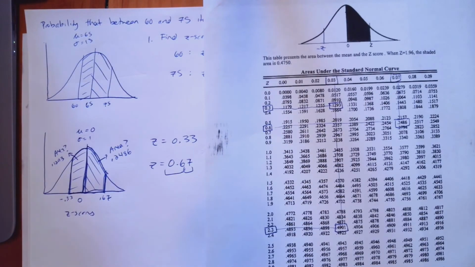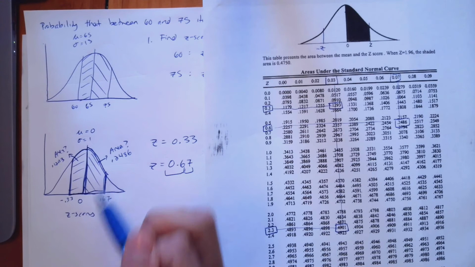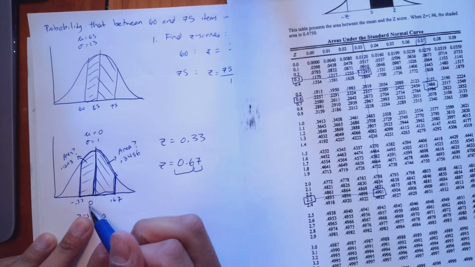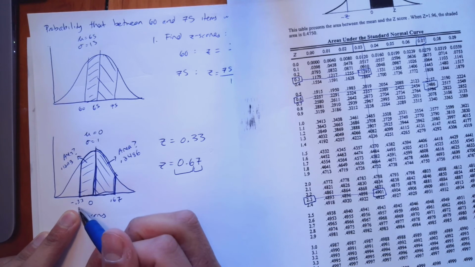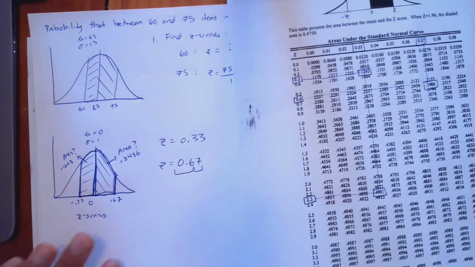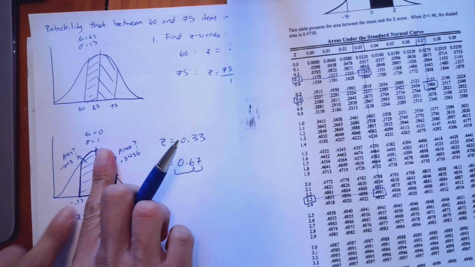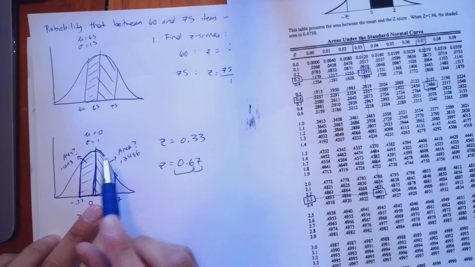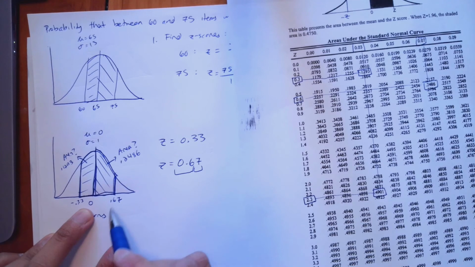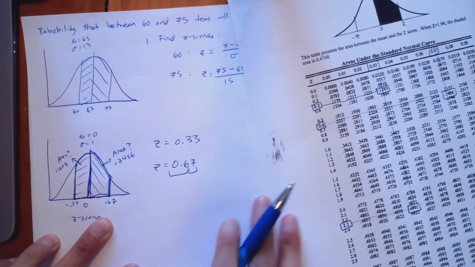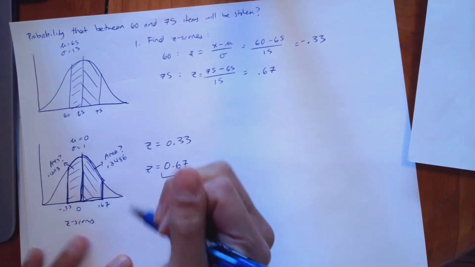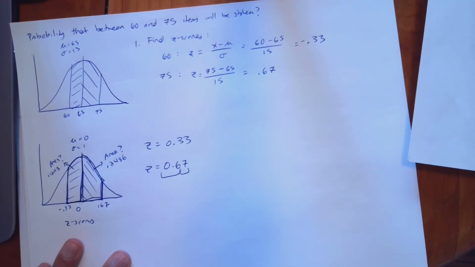So now we have areas that correspond to both of these different sections of the graph. We have an area of 0.1293 between 0 and negative 0.33, and again, that's what we found in the last example when we were only looking at the area between 0 and negative 0.33. We also have an area of 0.2486 between 0 and 0.67. So to find the total area here, we're just going to add these two together.